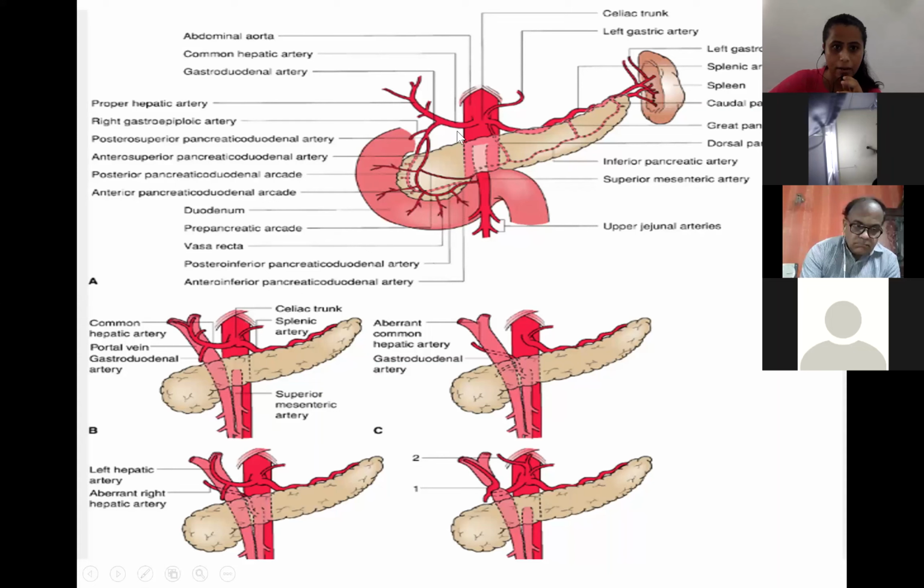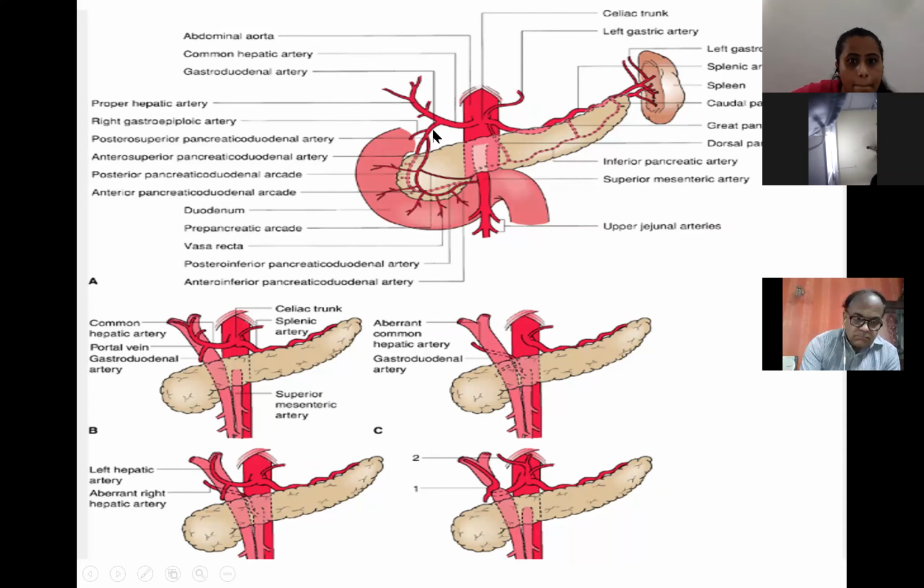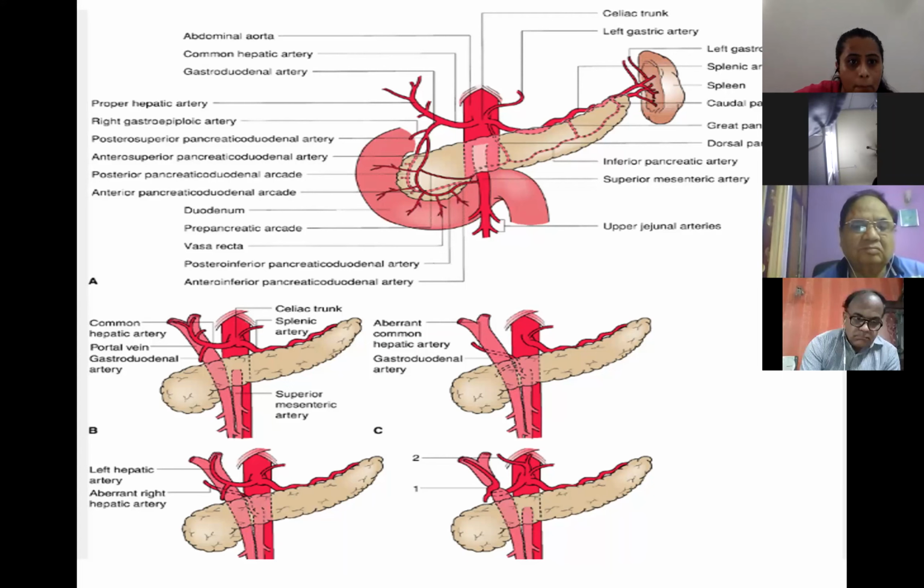This is the celiac trunk, and from here this is the gastroduodenal artery. Then this is the proper hepatic artery which is going to supply the liver. Then here is the gastroepiploic artery. This is from the celiac axis. You have three branches. This is the main trunk of the hepatic artery, which divides into hepatic artery proper and then the gastroduodenal artery, which divides into anterior and posterior.